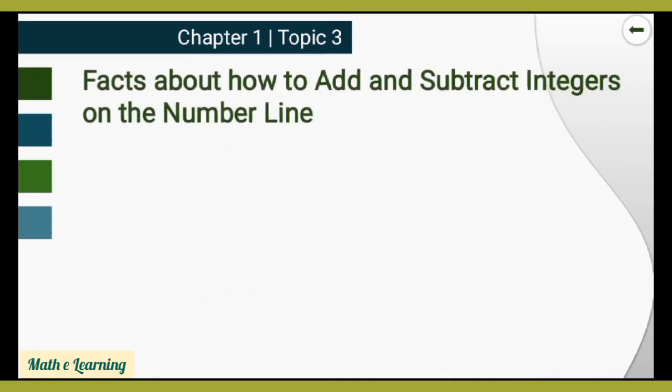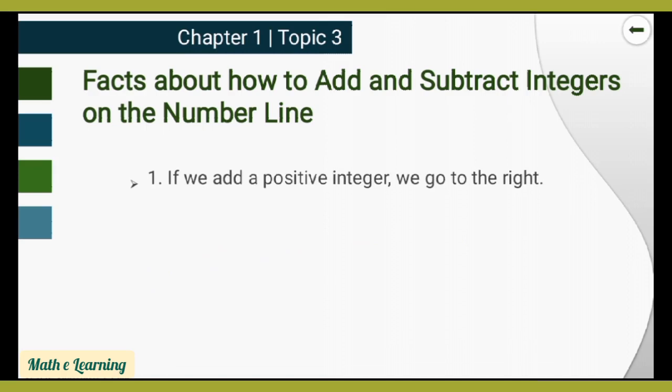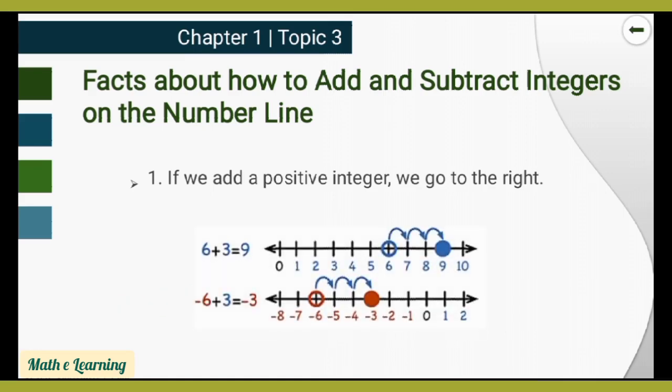Now, some facts about addition and subtraction of integers on a number line. If we add a positive integer, we go to the right side on a number line. One example is also given. In the first example, 6 plus 3 is given. So how to do addition of 6 and 3 on a number line?